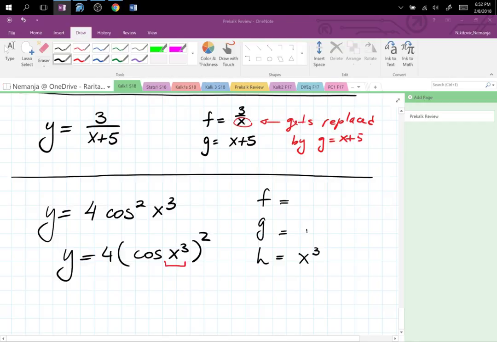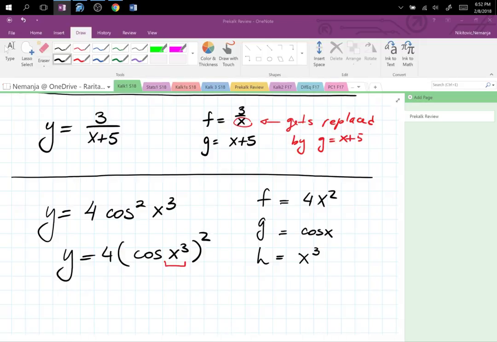Then x cubed is plugged into cosine x to create cosine x cubed. And then cosine x cubed is plugged into 4x squared. Ta-da!